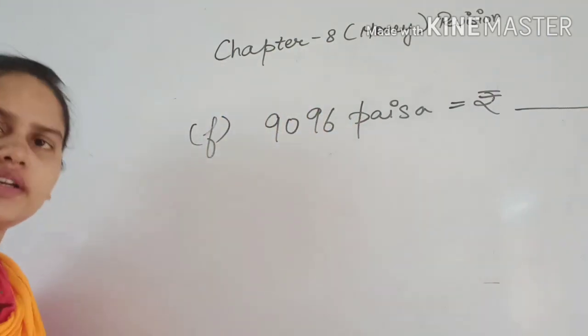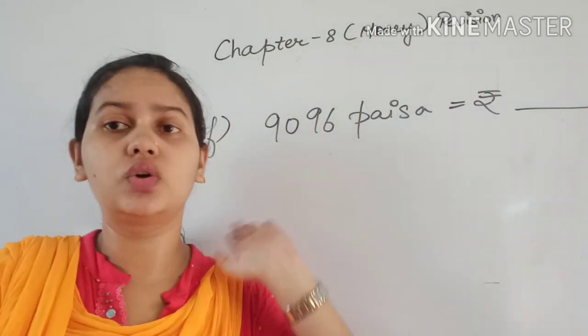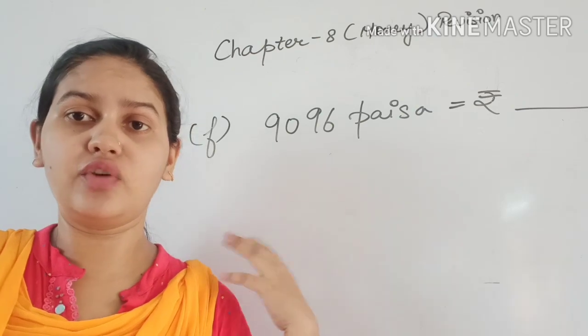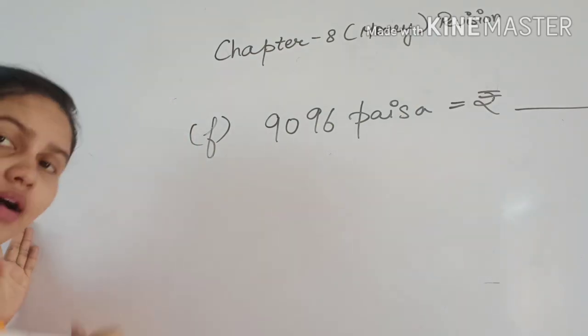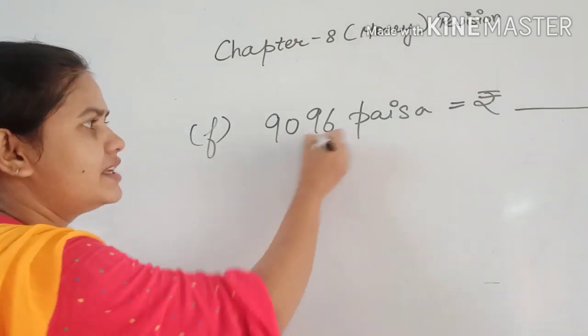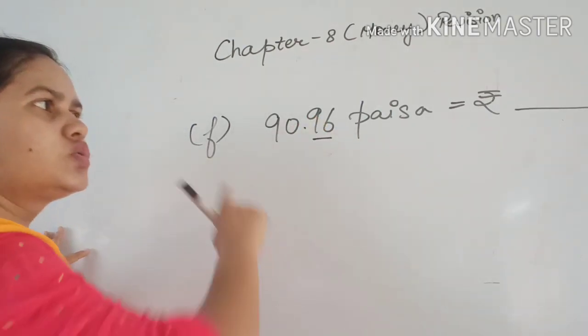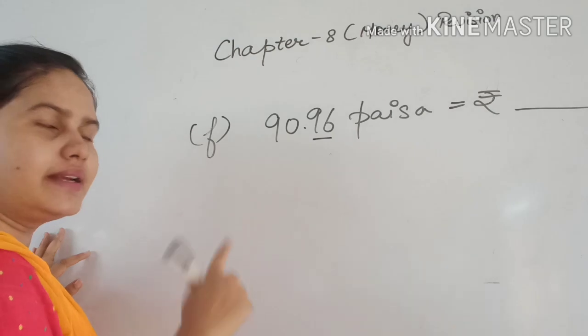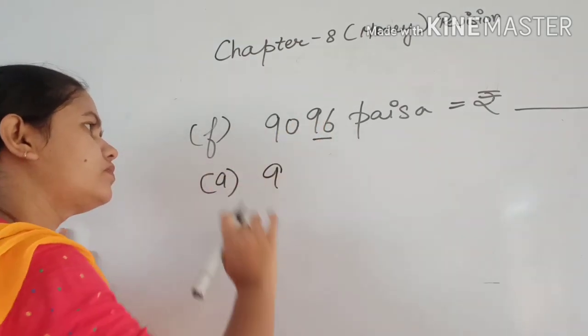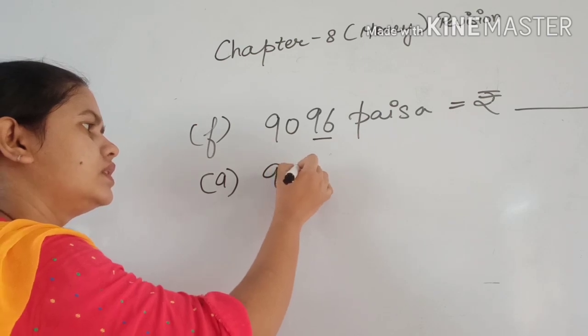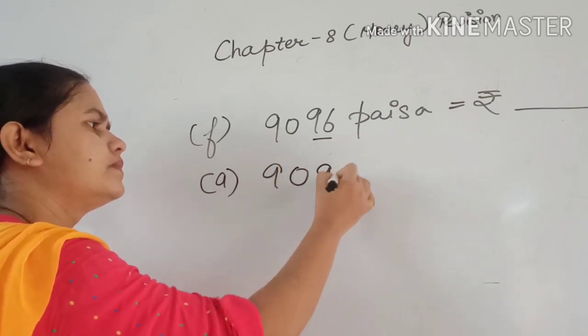Now we have to find out the rupee, which is equal to this much. So when we have to find out the rupee, what will we do? We will take a point. I will give you options.